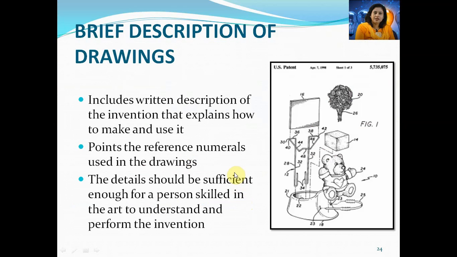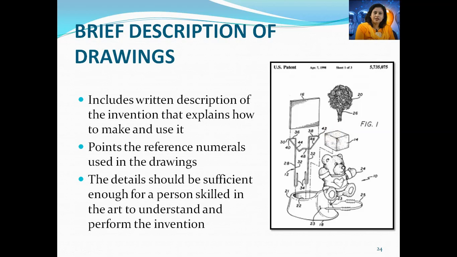Brief description of drawings. As you can see here in this figure, I have shown you one US patent description or drawing. This will give you the brief description of drawings, which will include a written description of the invention that explains how to make use, and it should point the reference numerals used in the drawings and should be very much specific.